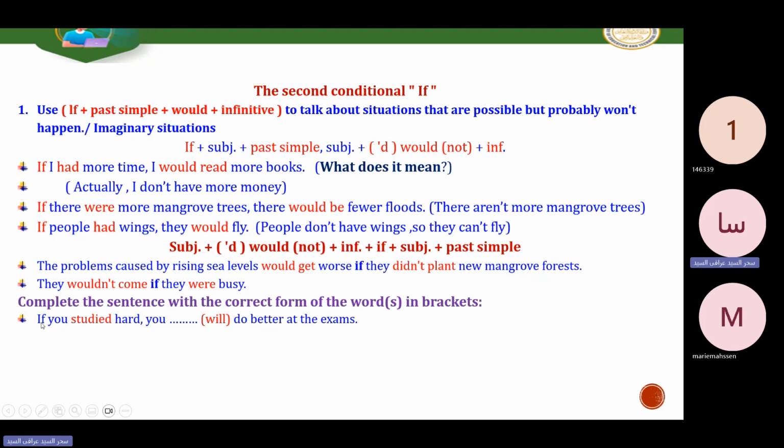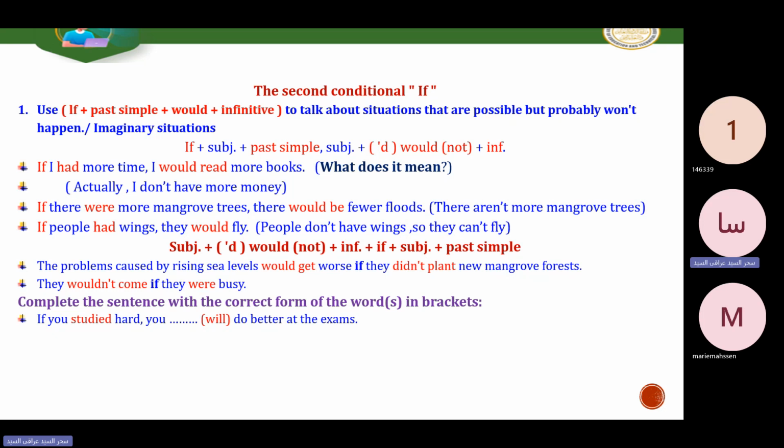Okay, look at this example. If you studied hard, you will do better at the exams. Correct this word. Look here. If you studied, the past simple. Of course, in Unit 8, we took the first conditional "if", it is followed by present simple.